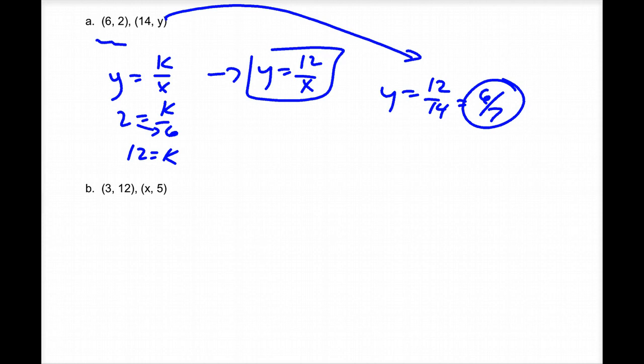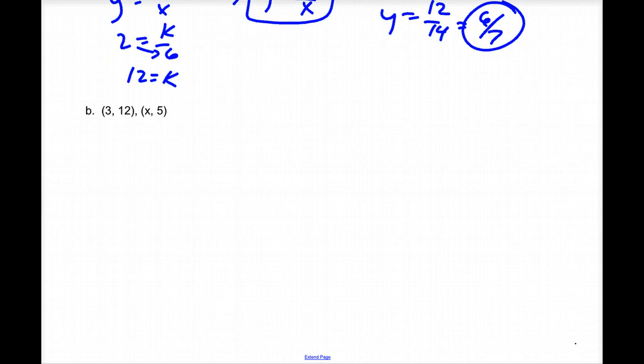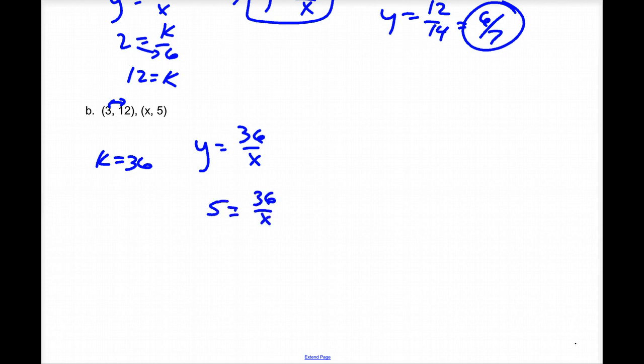I want to try the next one on your own. We'll pause and check. 3 times 12 is 36. So k is 36. So y equals 36 over x. This one I give you y is 5. Multiply the x over.